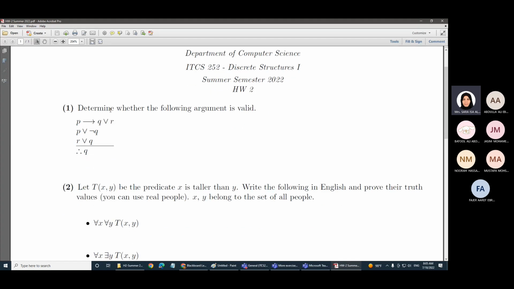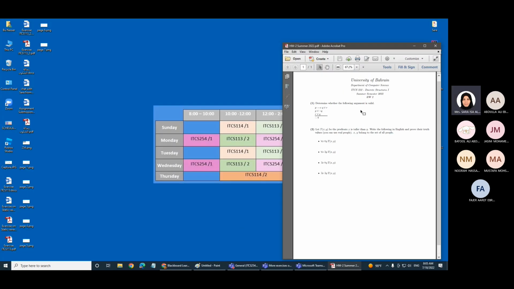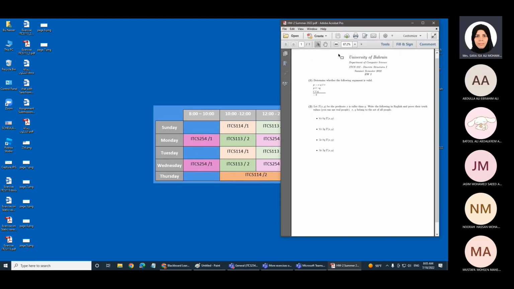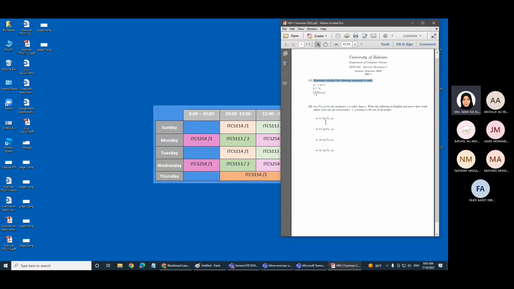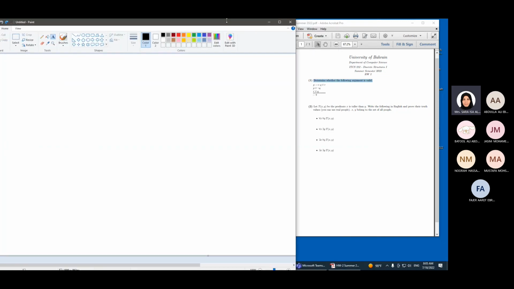If you look over question number 1, which said determine whether the following argument is valid. So they did not say that this is a valid argument. Determine whether. Maybe it is valid or invalid. So the most proper way to solve such a question is to draw the whole truth table.